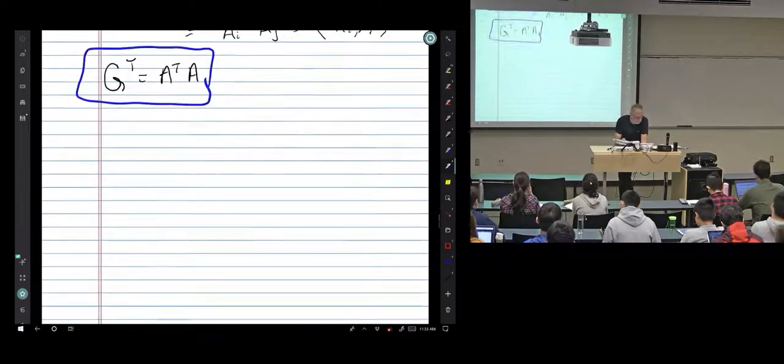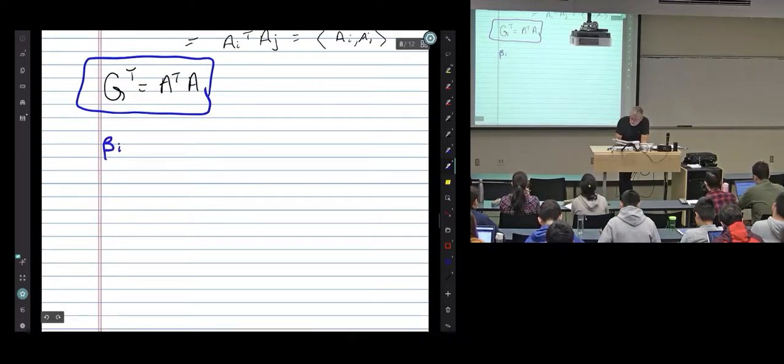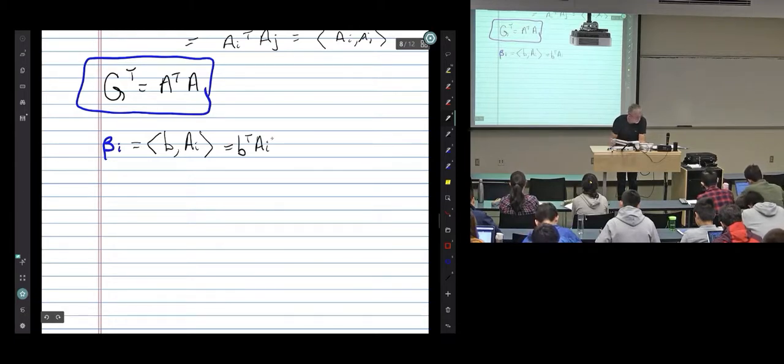Now, what about beta i? That was the inner product of our x, which was b, with the ith basis vector. So that's b transpose times Ai.